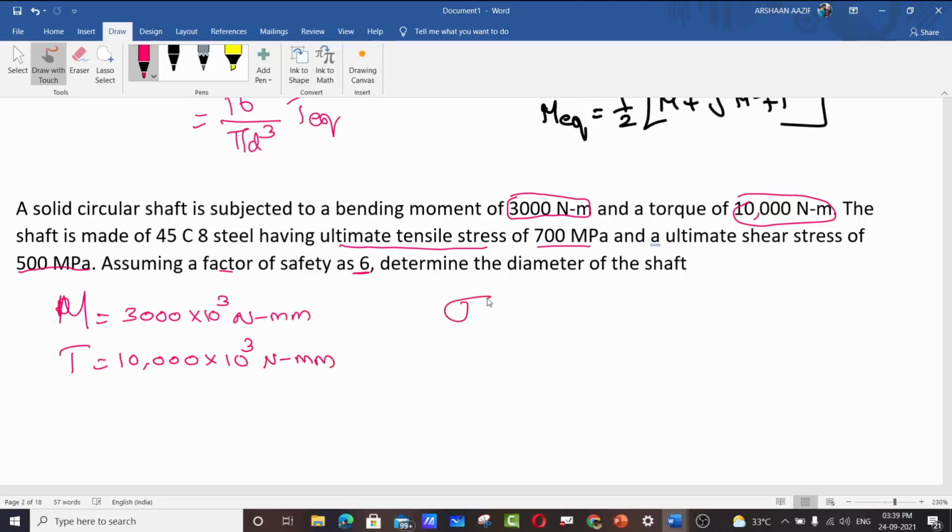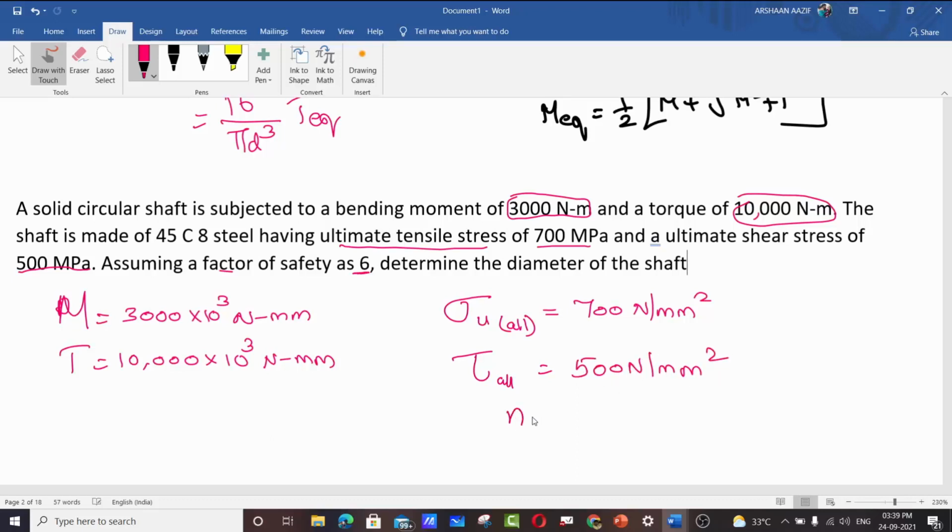The ultimate tensile strength sigma u, which is the allowable value, is equal to 700 Newton per mm square. I am directly converting megapascal into Newton per mm square. And the allowable shear stress is equal to 500 Newton per mm square.